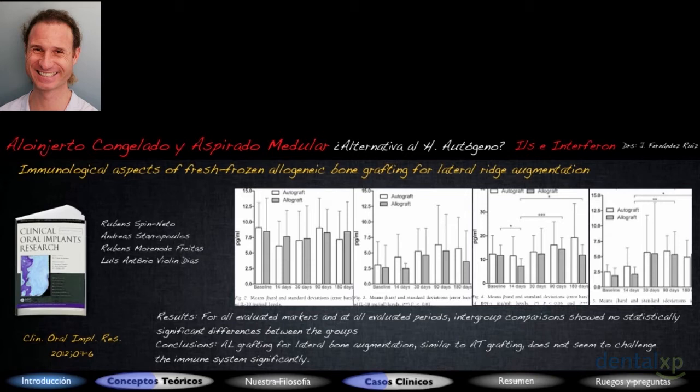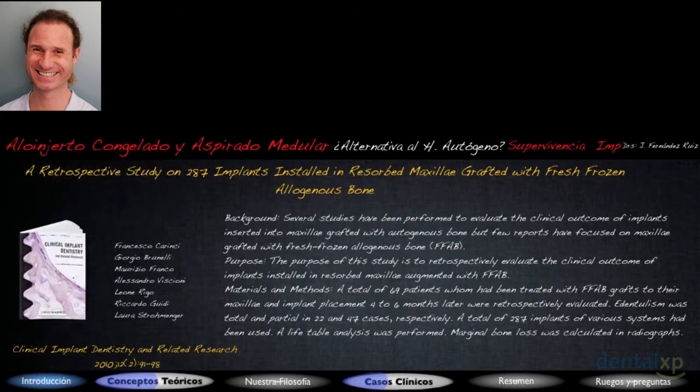He evaluated the interleukins and the interferon to see if there were differences. Interestingly enough, he found no difference in the healing response with either of both grafting materials. So he concluded that either of these two types of bone graft is very appropriate for guided bone regeneration.